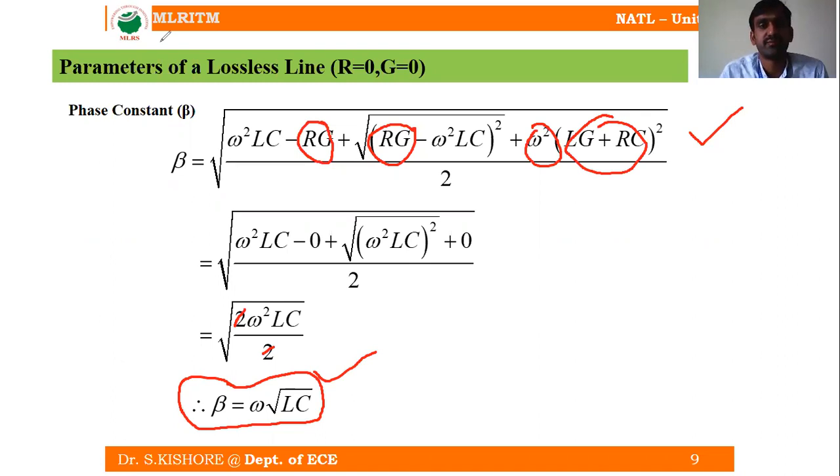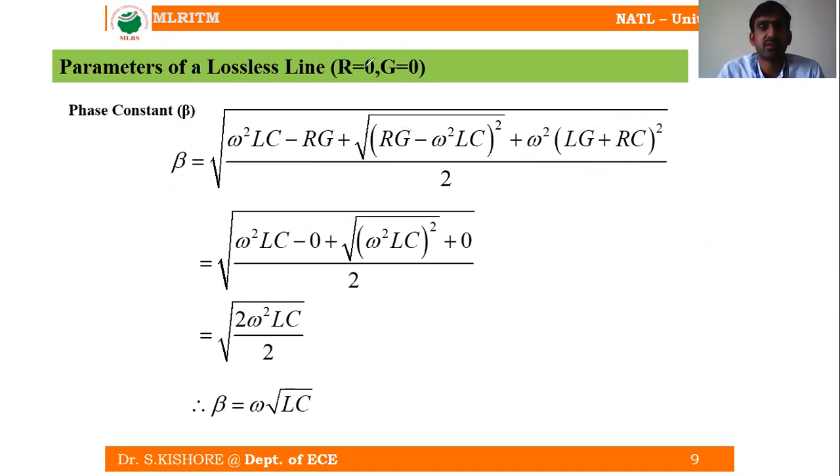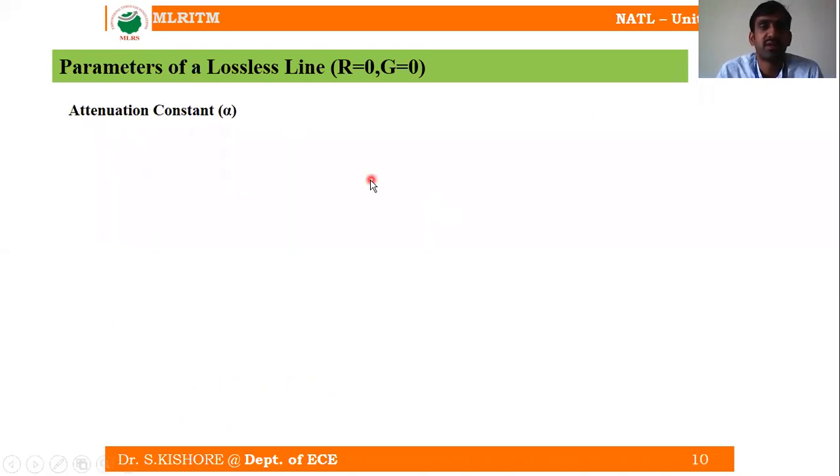Now let us move to the other parameter, that is the attenuation constant alpha. Obviously we have P equal to j omega root over LC, which is equal to alpha plus j beta.